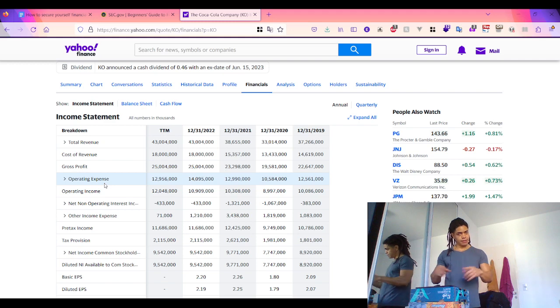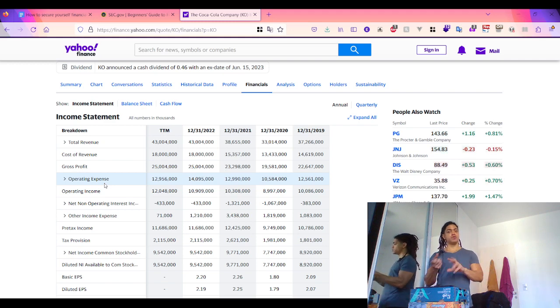So this statement uses the information from the balance sheet and the income statement, and the bottom line shows the net increase or decrease in cash over a period of time.